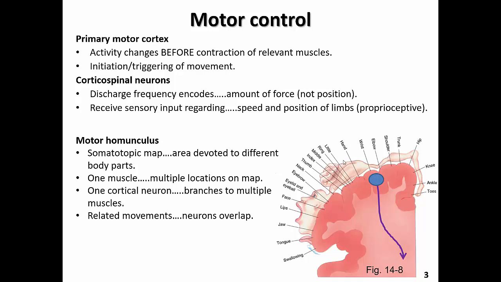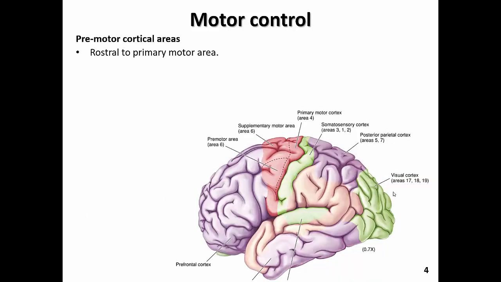Oftentimes, the wrist will flex as well. And so to carry that out, all of these neurons do overlap. However, for unrelated movements, such as the movement of the hand and wrist, and perhaps the movement of the foot, those areas are represented in far different locations. And so as a result, we don't expect to see overlap of those neurons in those different regions.